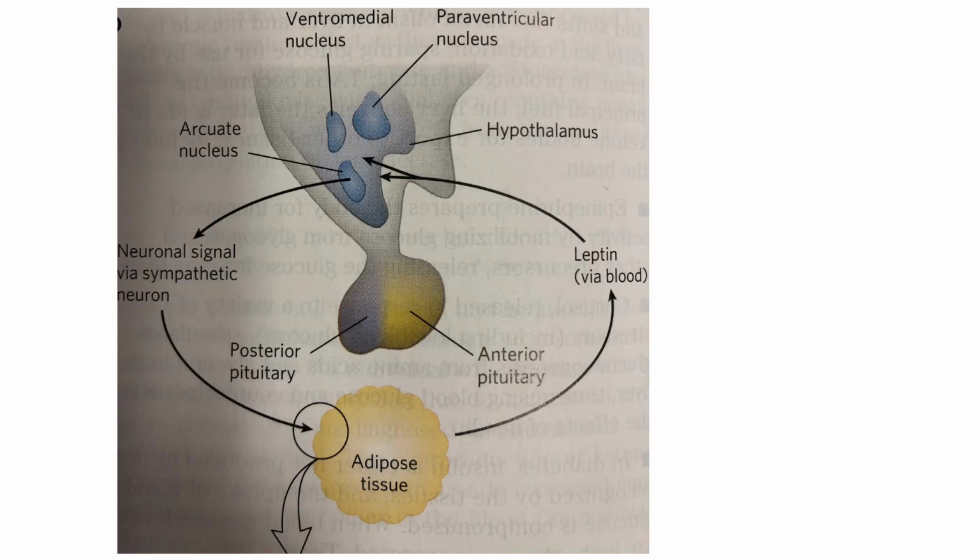This schematic shows much of this process. The ventromedial nucleus and the paraventricular nucleus and hippocampus, hypothalamus, arcuate nucleus, and you get neuronal signals. And this acts on the adipose tissue directly, and you have leptin feedback from adipose tissue, creating inhibitory effects on the hypothalamus.